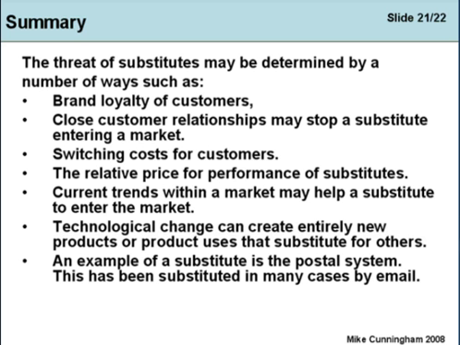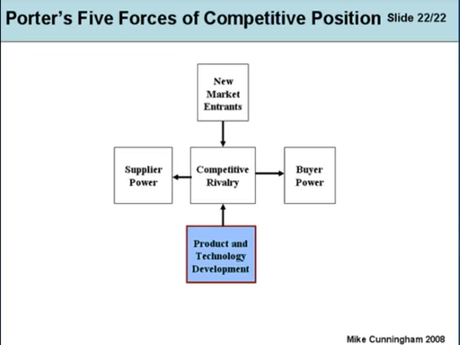We talked about how customer relations may stop a substitute entering the market, switching costs for customers, and so on and so on. That's a summary of what we've been up to. So that'll give you an insight into this last block for Porter's 5 forces.